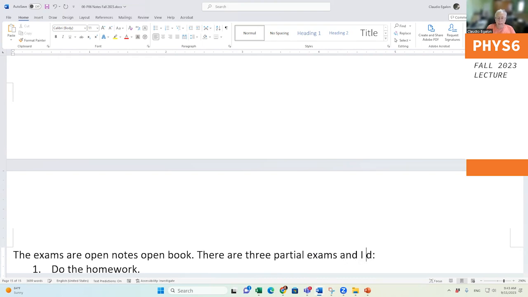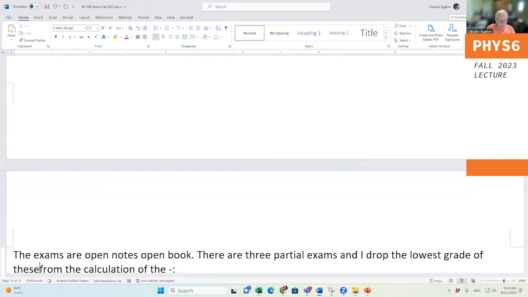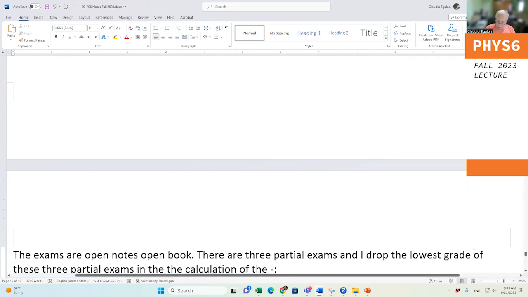And I drop the lowest grade of these 3 partial exams in the calculation of the final grade.